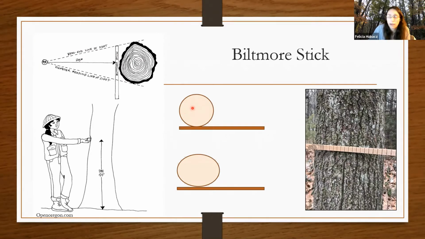So a perfectly round tree, you can get this DBH and just do one side and it'll be pretty accurate. However, if a tree's oval or has some irregularities in it and you just measure from one side, it's going to be grossly off. So while Biltmore sticks are great, you can just run up to a tree, place it up against the tree and read it. If you're not doing it right, the estimate is garbage.